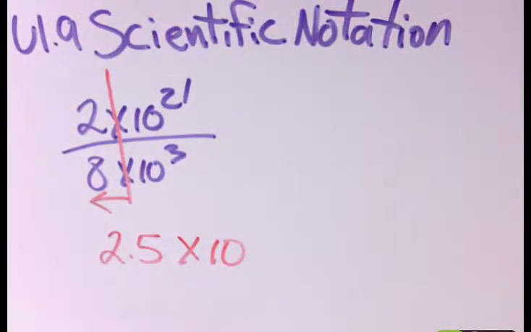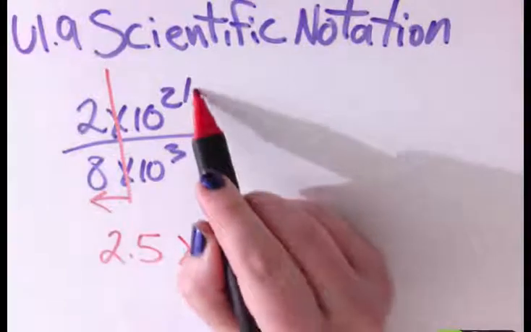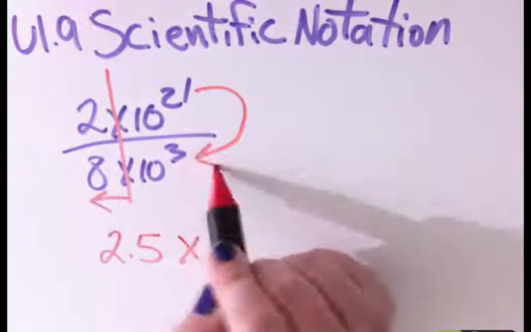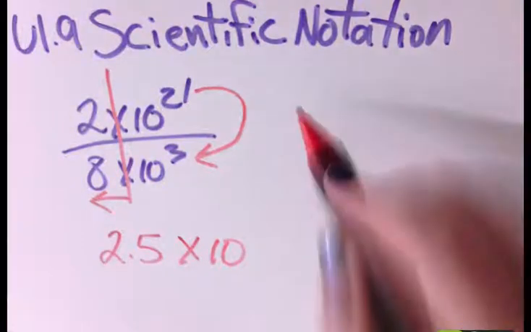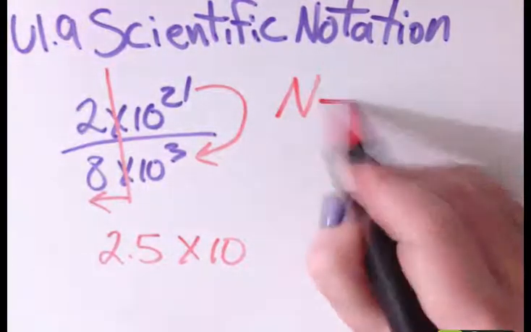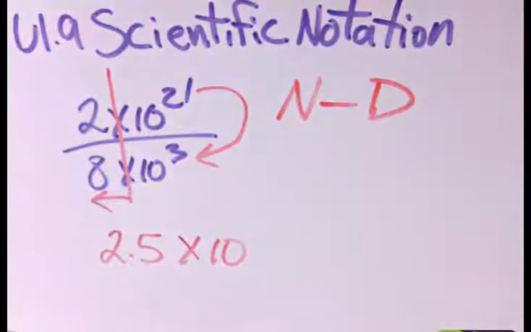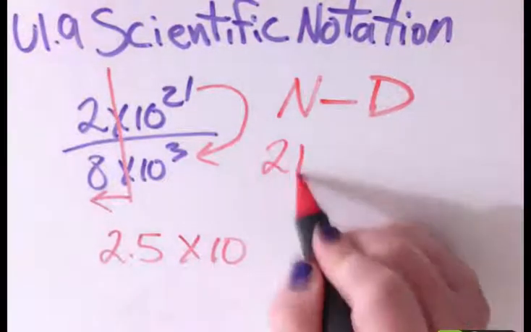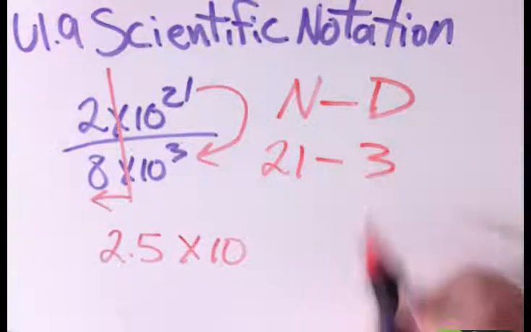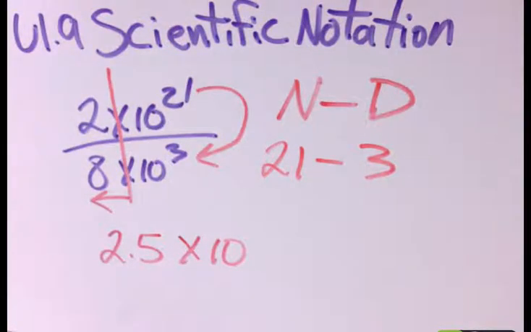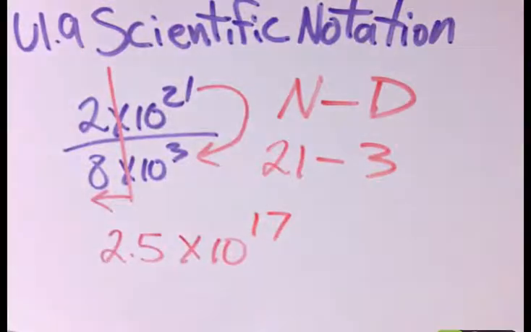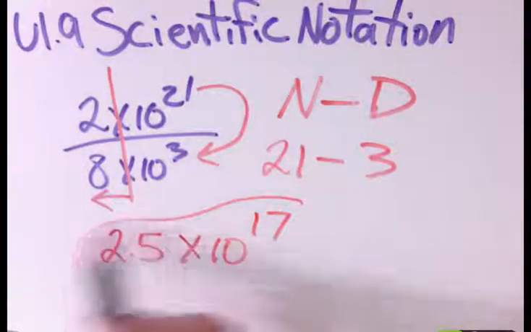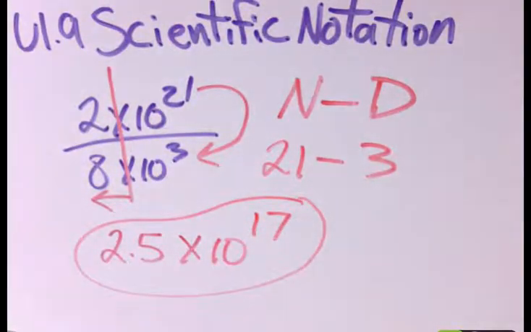When you divide, you can take and subtract your exponents. So it's always the numerator minus the denominator. So you have 21 minus 3. So that is going to give us 17. So 2.5 times 10 to the 17th is our answer.